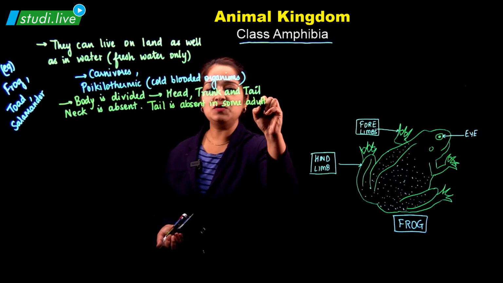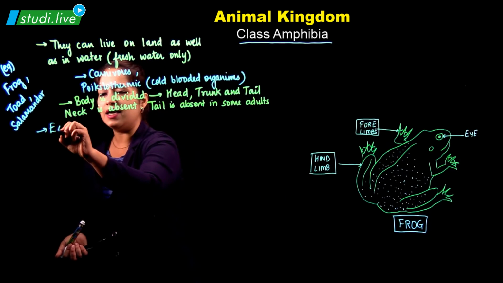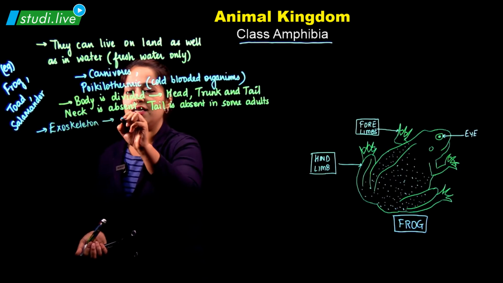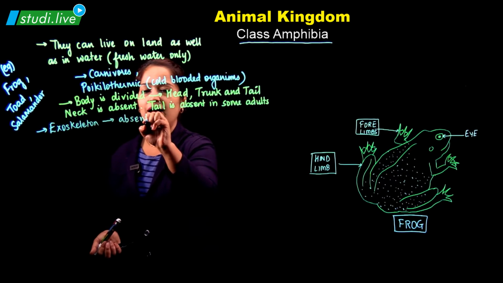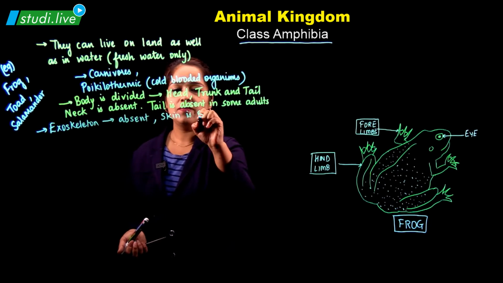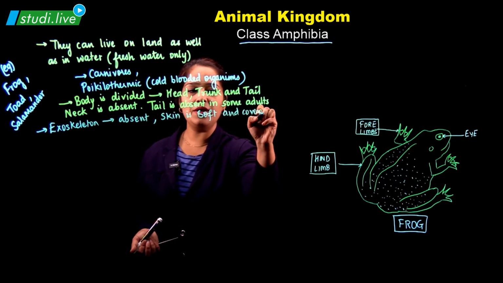Their exoskeleton is absent. They do not have an exoskeleton. Their skin is soft and covered by mucus to make it slippery.